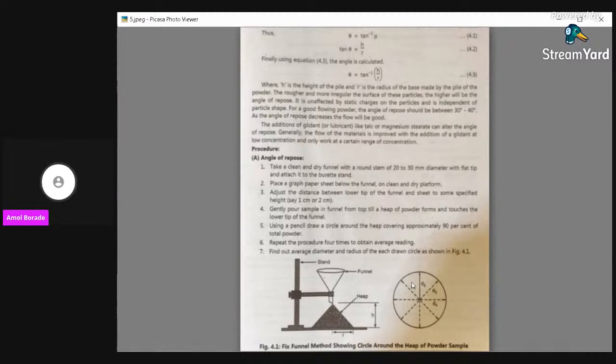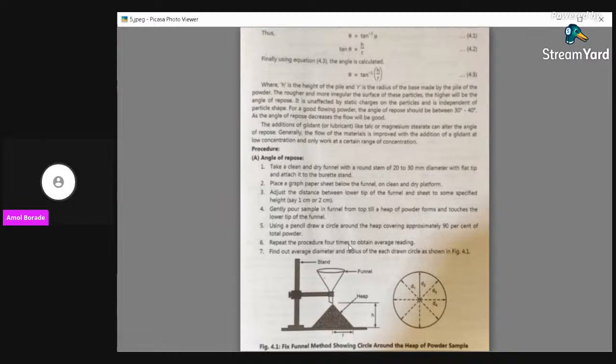I am going to show the video of that also. Here you have to draw the circle around the bottom part of the heap, so that you will get a circle of that. Here it has been mentioned that you have to repeat the procedure 4 times.